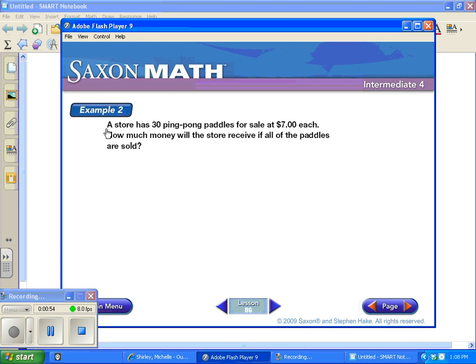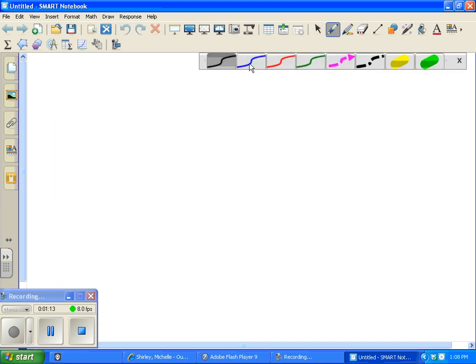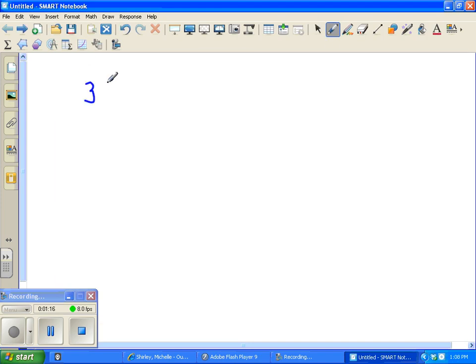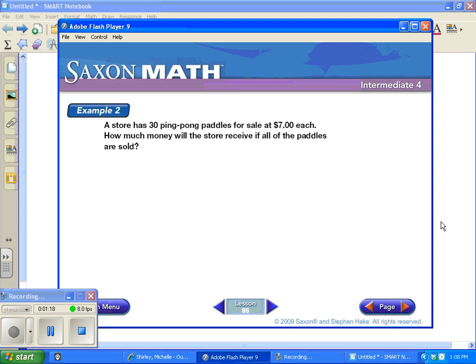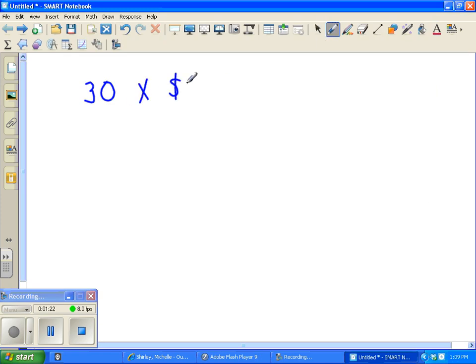Example 2. A store has 30 ping pong paddles for sale at $7 each. How much money will the store receive if all the paddles are sold? And there are a couple of different ways you could look at this. The easiest way, I think, is to do 30 times 7, and think of it like this, just times $7 without the decimal point, okay?